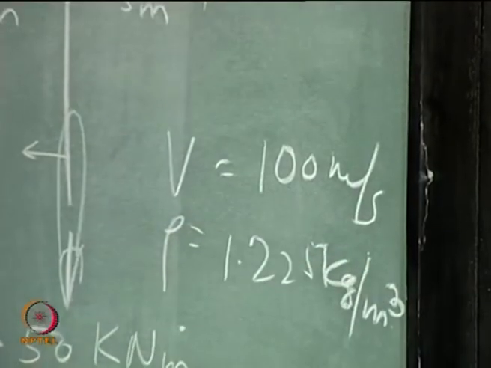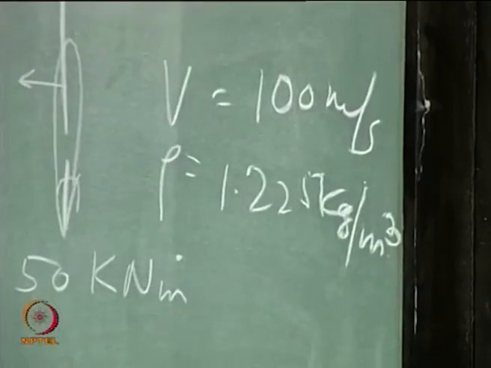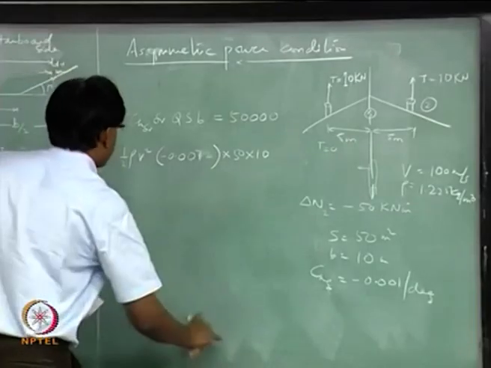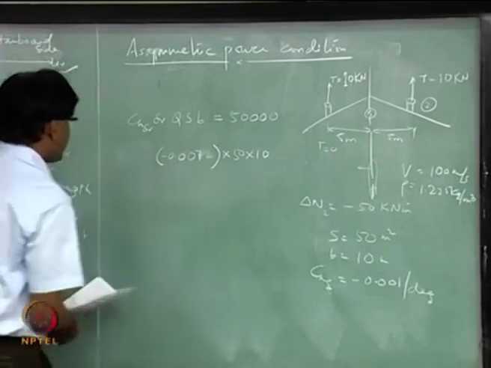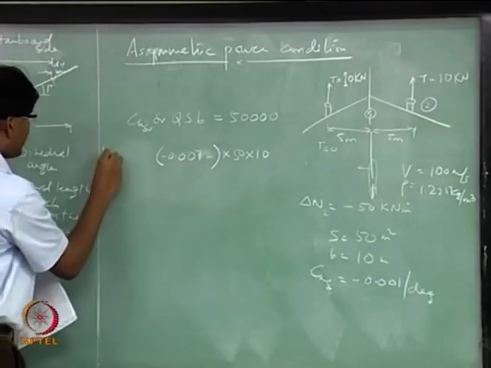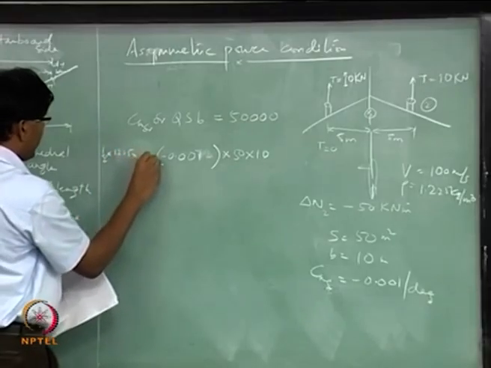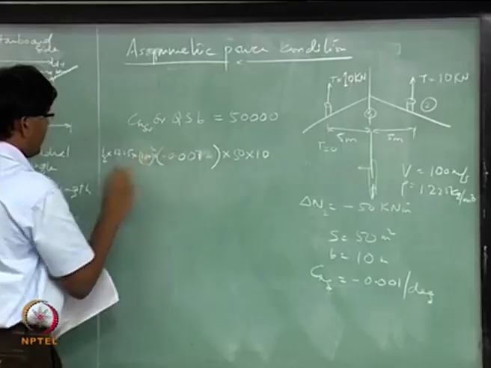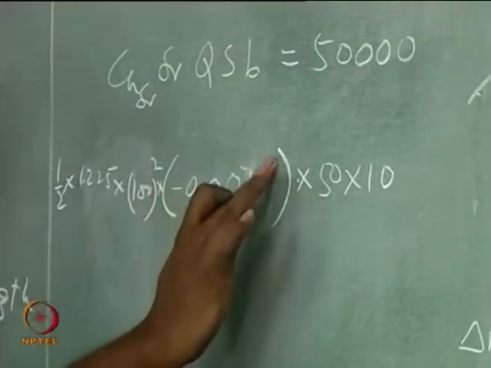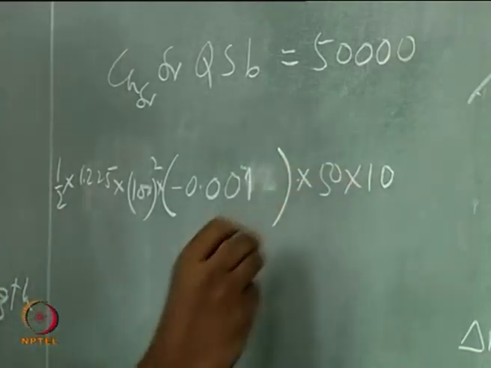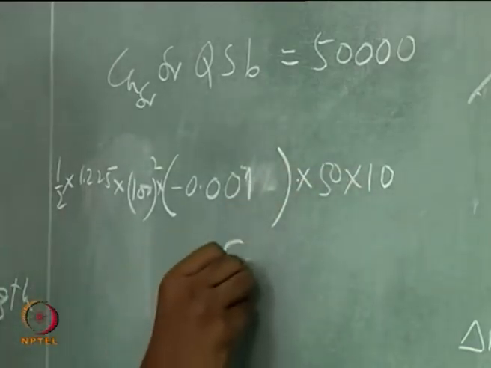So, you can take this rho as 1.225, right. So, this is half into delta R.